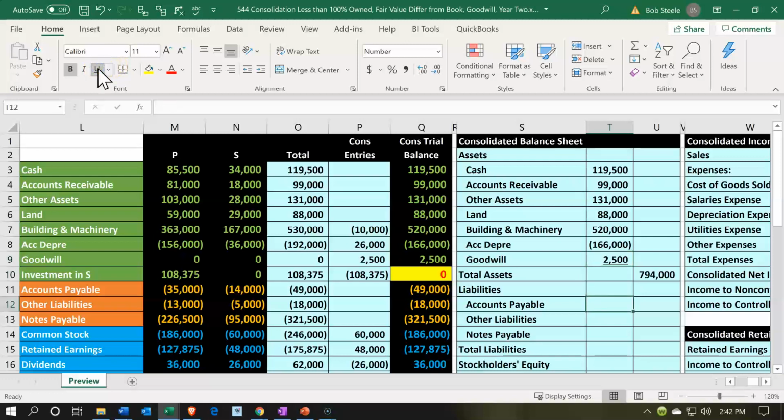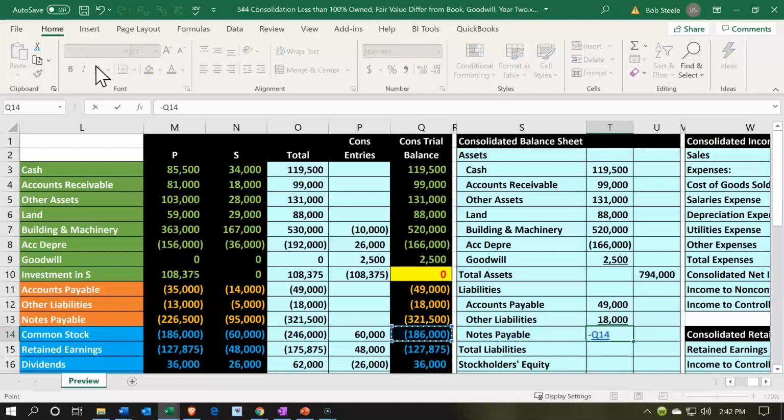Then on the liabilities, I'm going to be picking up a negative of this number and the negative of that number. And then I'm going to put an underline on that one because I think it should be there. And then, oh, no, I was wrong because there's a note payable. So let's say this one is negative of the note payable. Then let's remove the underline, which is totally wrong there, and then sum this up.